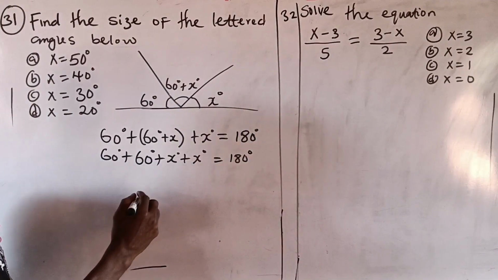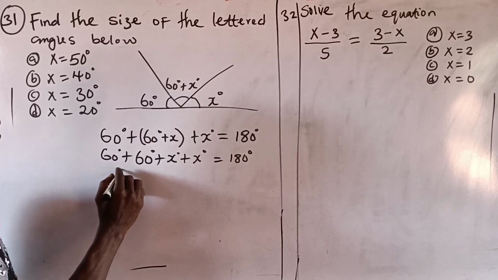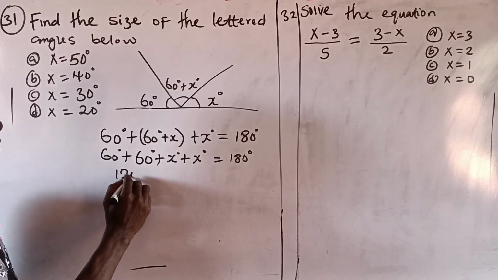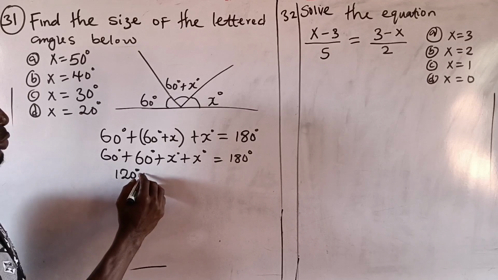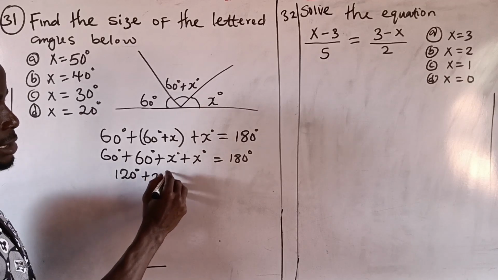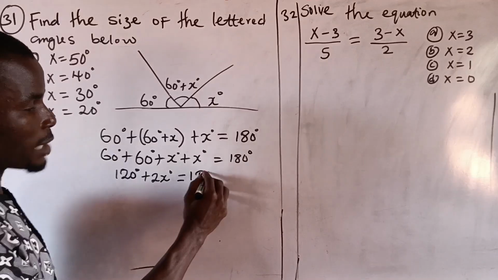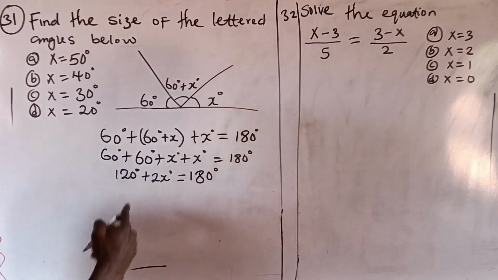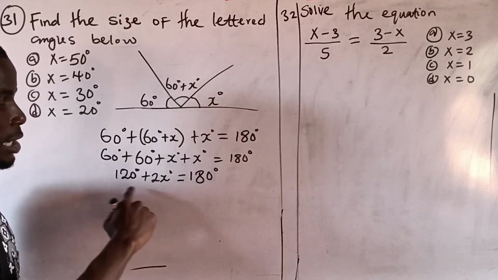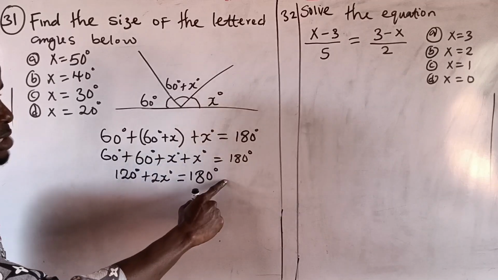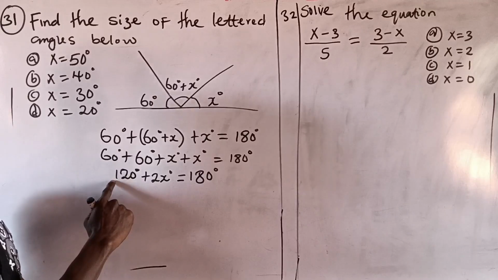So now let's collect the terms. We have 60 degrees plus 60 degrees will give us what? 120 degrees. x degrees plus x degrees will give us 2x degrees, right? So equals to 180 degrees. Now let's take this number to his colleagues here. We are taking this number to this side, and once it crosses this equality sign, it will turn to negative.